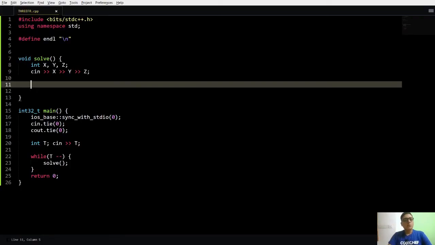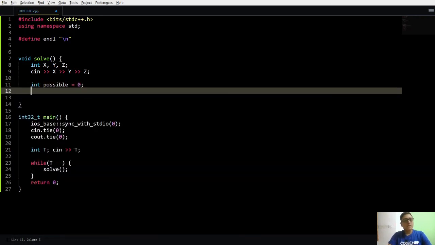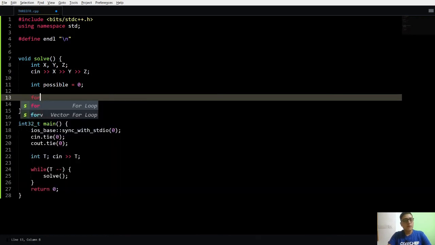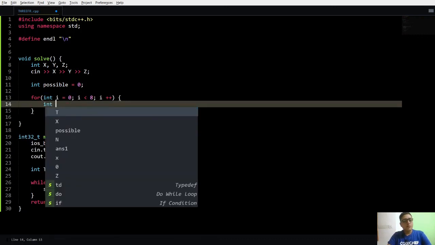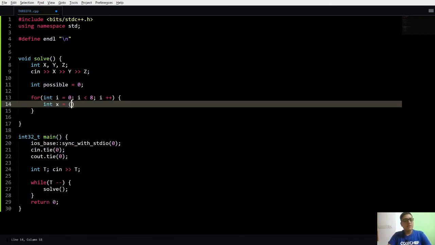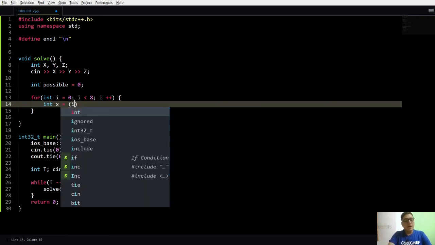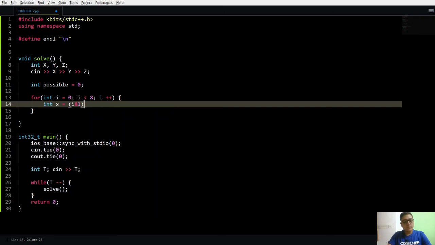So guys, let us go over the code quickly. We will use a temporary variable possible to tell us whether the answer exists or not. We can simply iterate over all the possible combinations. Now I have used temporary variables to tell us whether the sign should be positive or negative. So if i and 1 is greater than 1, that means the first bit is 1.